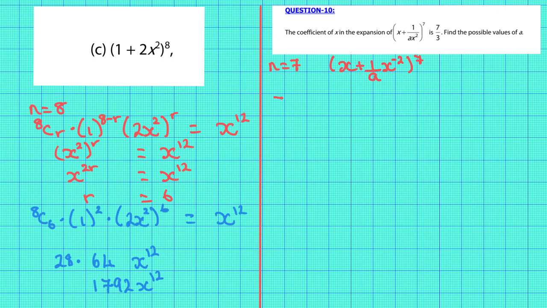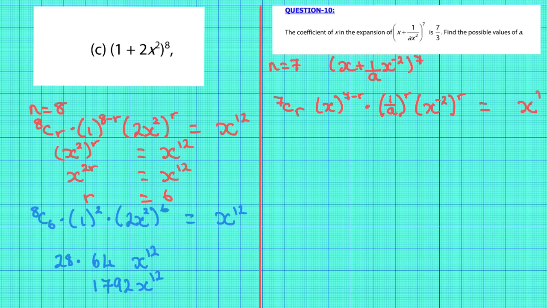Therefore, I get 7 choose r, x to the power of 7 minus r, 1 over a to the power of r, x to the minus 2 to the power of r, and this must equal x to the power of 1.